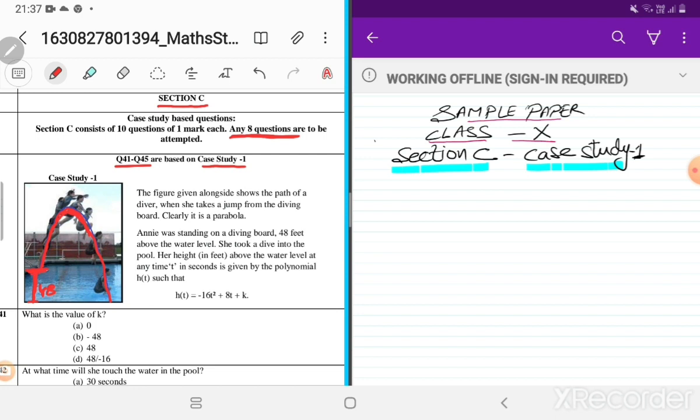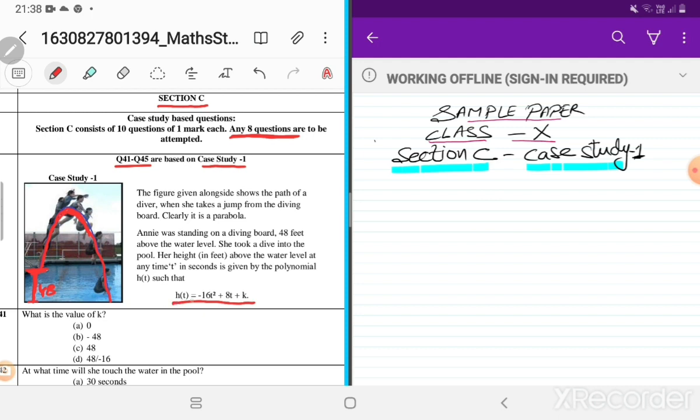That girl is standing at 48 feet above the water level, and at any time t in seconds, her height is given by the polynomial h(t) such as this one. So you are given one polynomial for the girl's height in terms of time t. Like we have a polynomial f(x) in x, here is a polynomial in t.